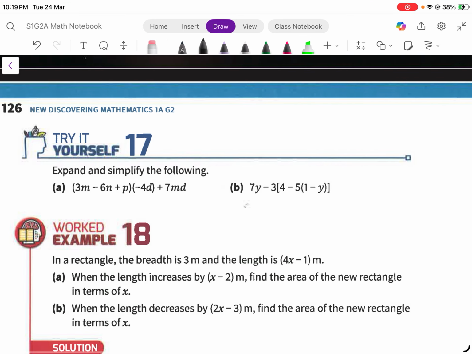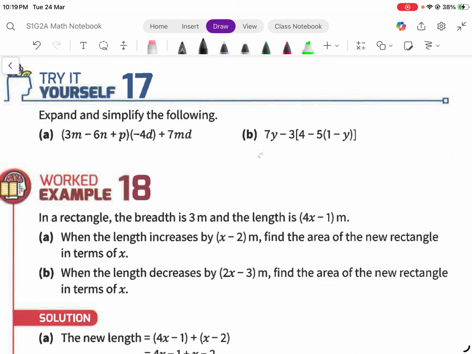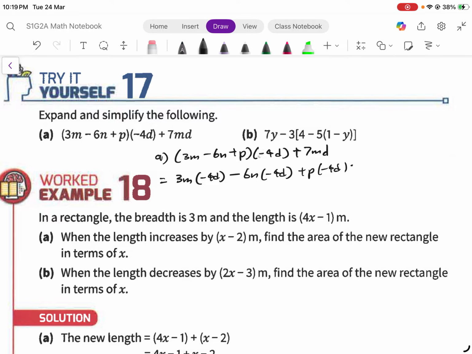Okay, so we're going to do the last one. Try Yourself 15 before I give you the practice exercise. So the first one, A: 3m minus 6n plus p, times minus 4d plus 7md. Okay, so from here we get 3m multiplied by minus 4d, minus 6n multiplied by minus 4d, plus p multiplied by minus 4d, plus 7md.